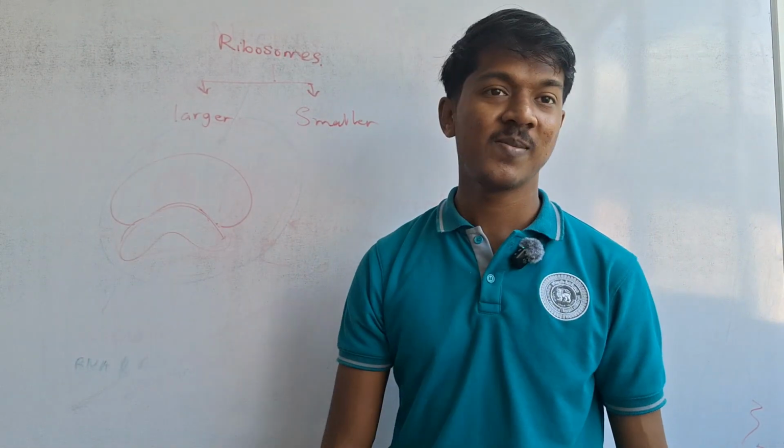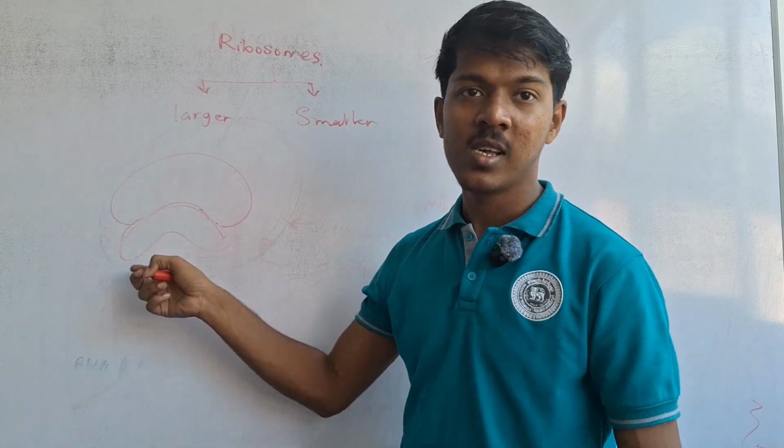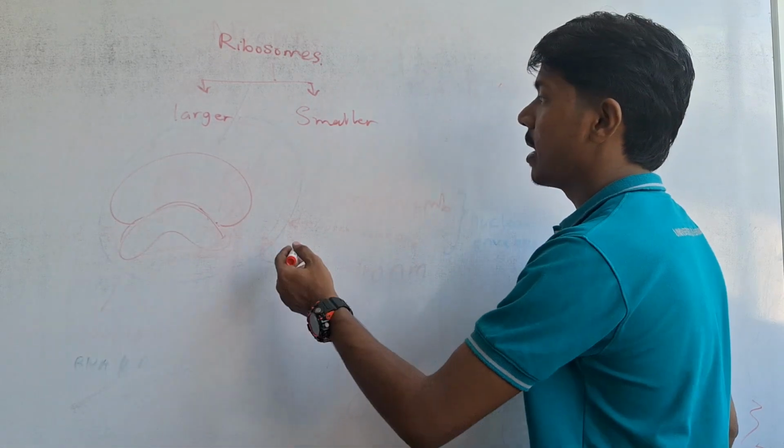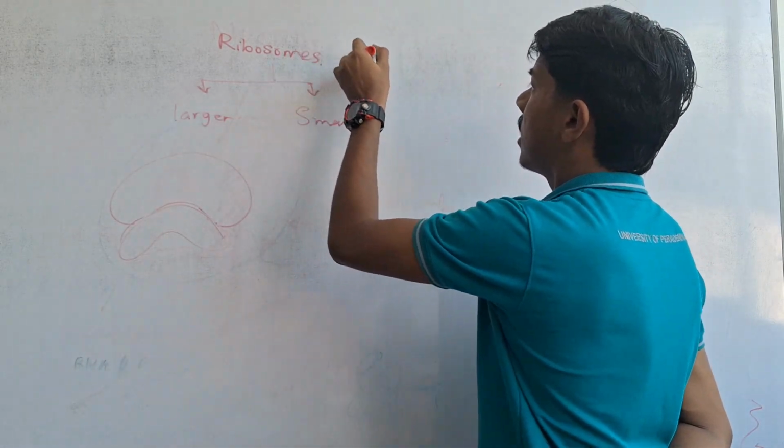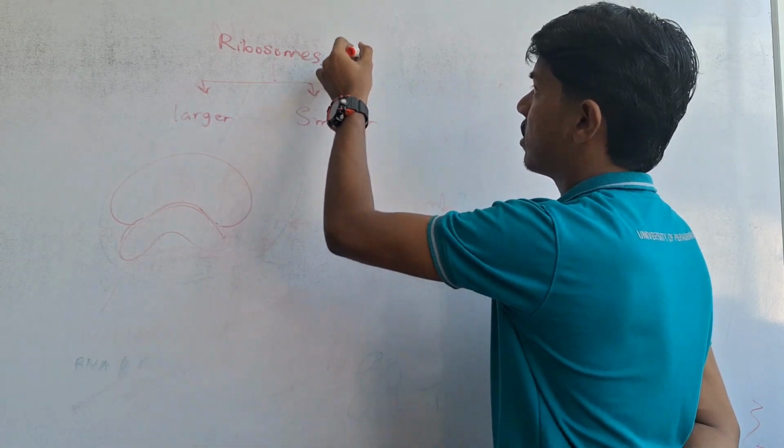So which one is larger? The upper one is larger, the lower one is smaller. Very simple part. These are the two subunits of ribosomes.